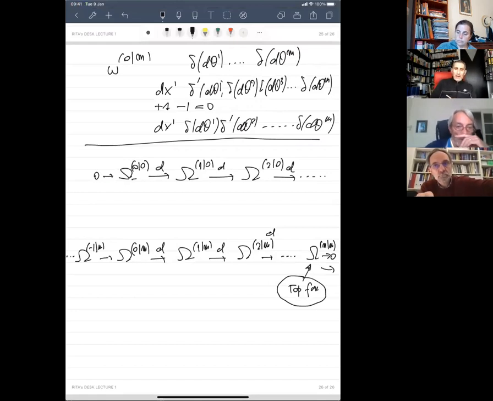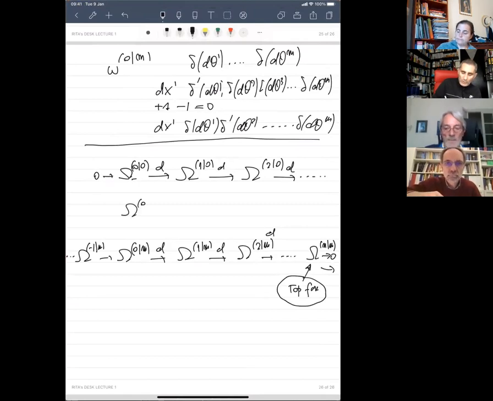Therefore the first line extends from above, and the last line extends from below. But in between, for example, I can have omega 0|q, and then omega 1|q, omega 2|q, and so on.